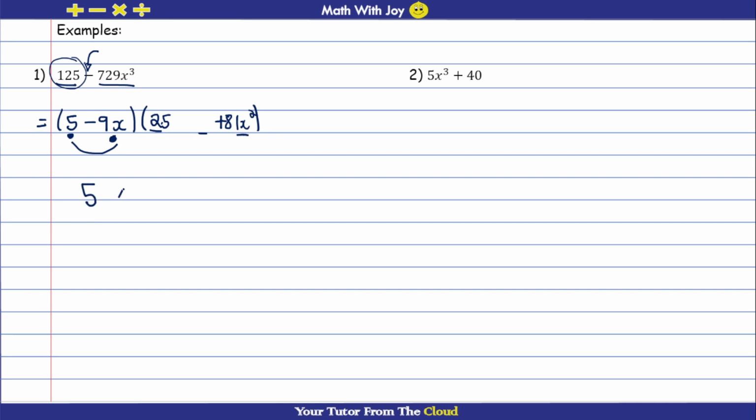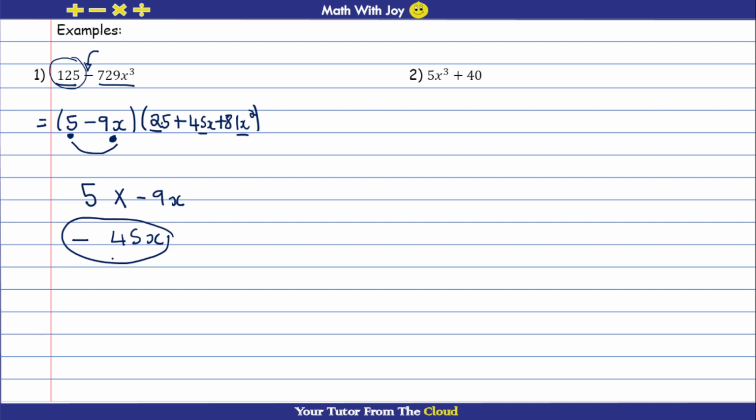The middle term you get by multiplying these two by each other. So what is 5 multiplied by minus 9x? A positive times a negative is a negative. 5 times 9 is 45, and the letter is x. But you take the inverse of this one, which is positive 45x.